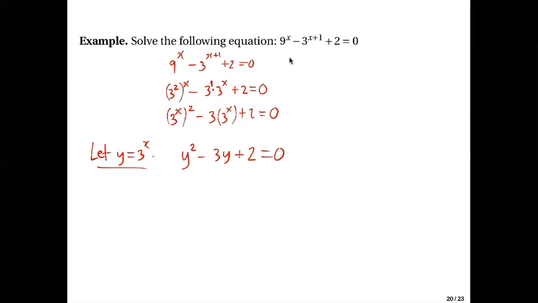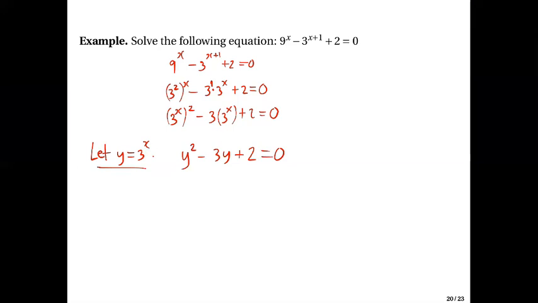So this is actually an equation quadratic in form, because we were able to write it as a quadratic equation. So we solve this using our methods in solving quadratic equations. Once we have the value for y, we bring back 3 to the x, and then we solve for x.